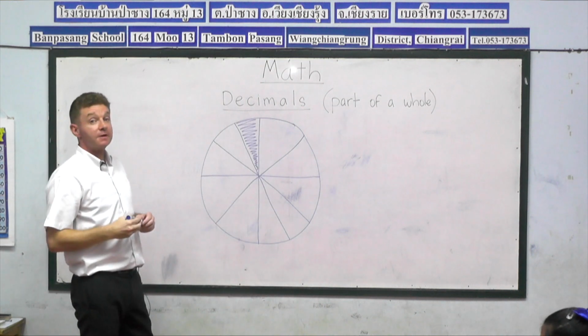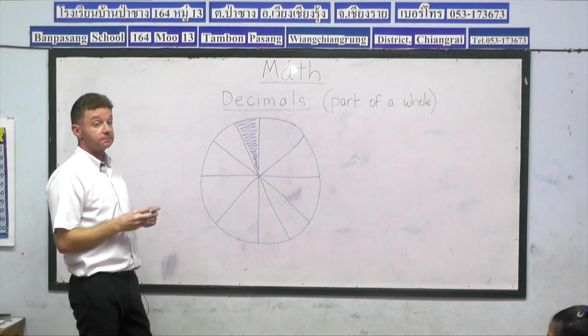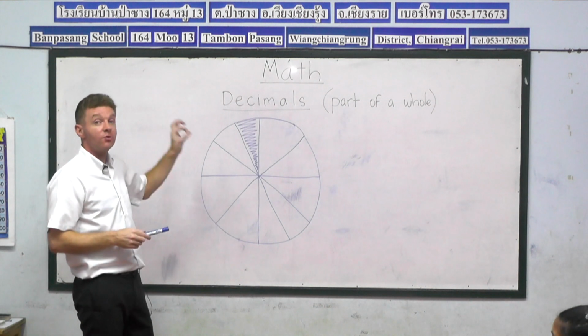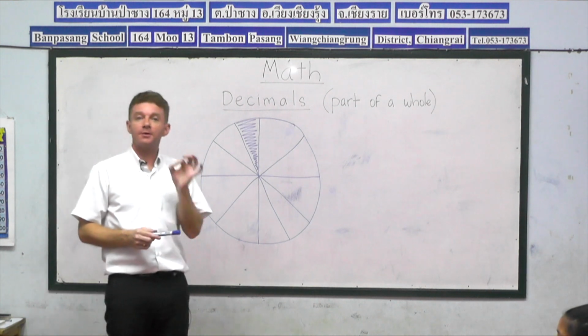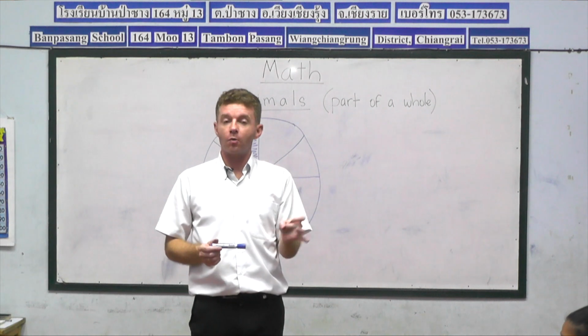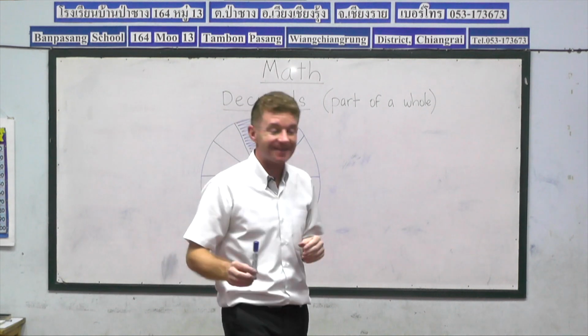So now, how many parts of our circle are coloured in? 1. So if this was a fraction, it would be 1 over 10. But now, what I want is a student to come forward and show what this represents as a decimal.